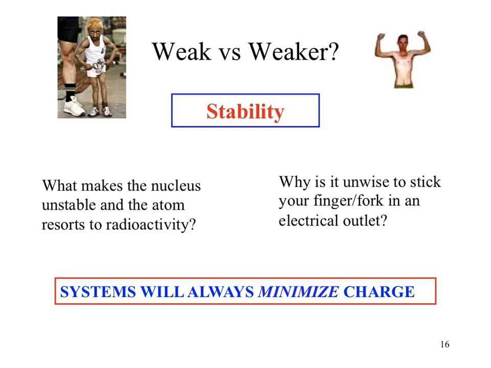So given that, how can we predict it? What we're going to do is ultimately look at stability. Structure and stability, and try and figure out what can happen with each of these cases. Okay? Always, always, always, we're going to try and minimize charge. So when we go through and try and predict something being weak or strong, we want to look at how it reacts in water and what ions are generated in that process.